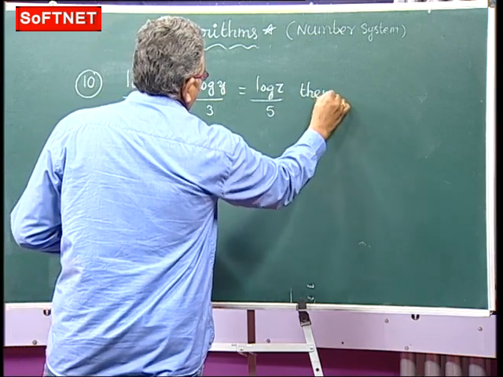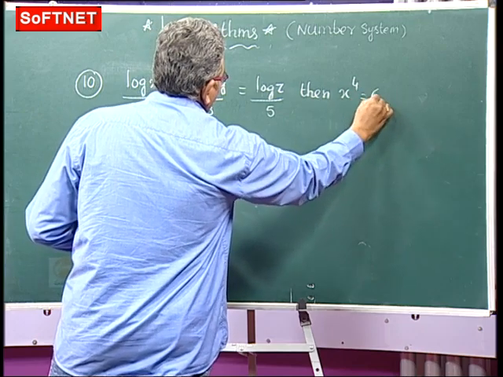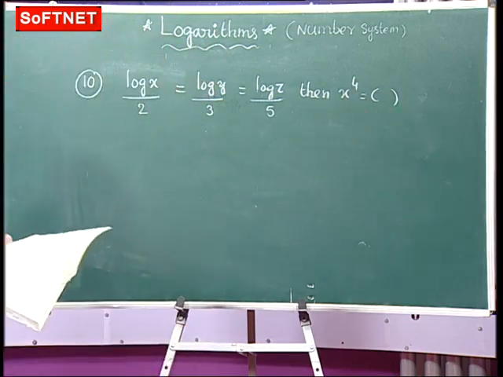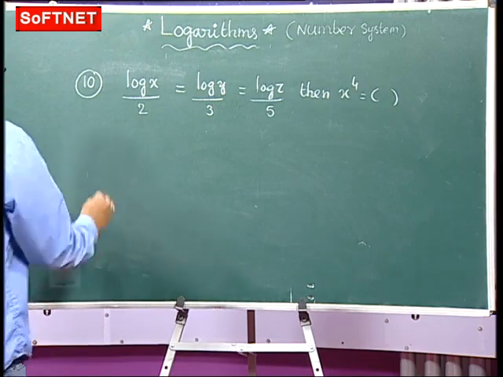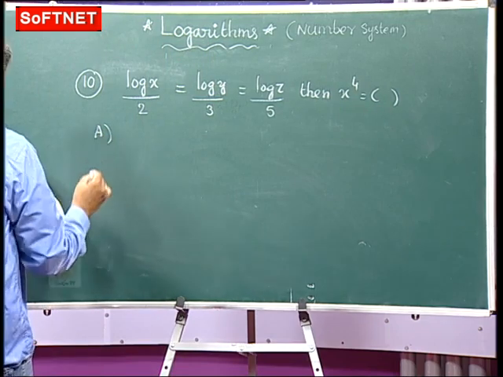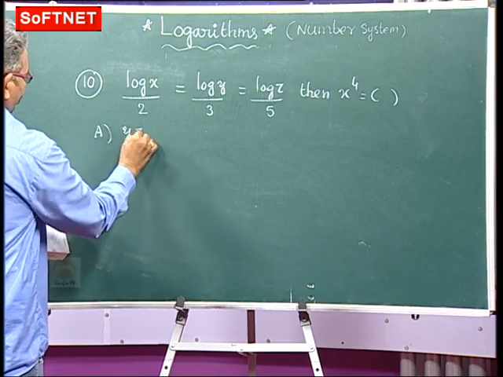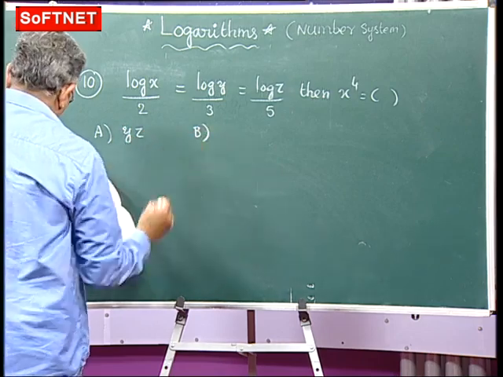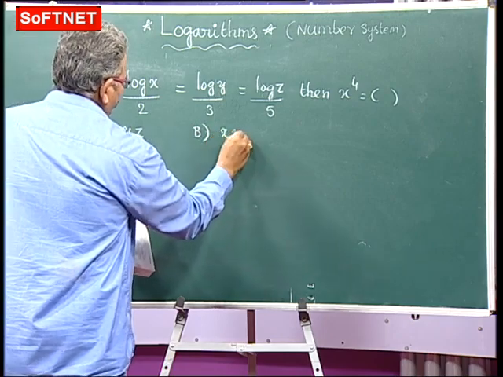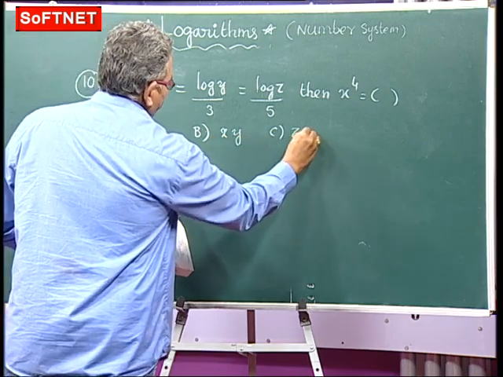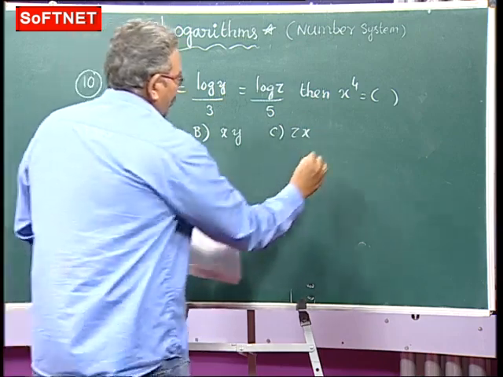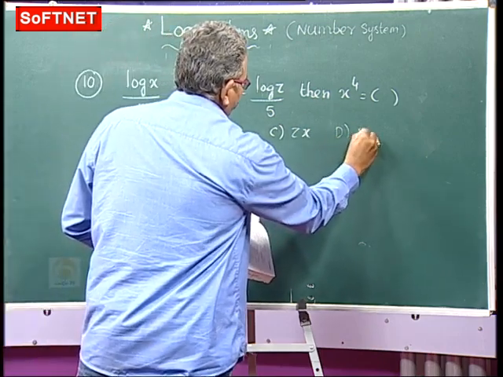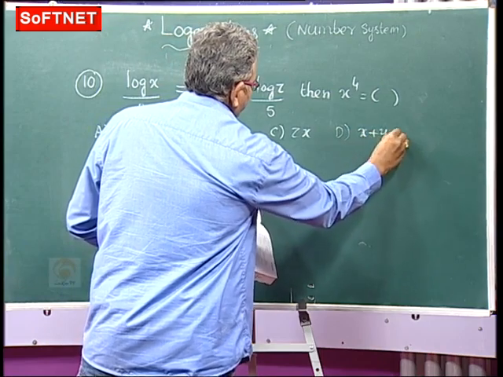Then x power 4 equals to: a) yz, b) xy, c) zx, d) x plus y plus z.